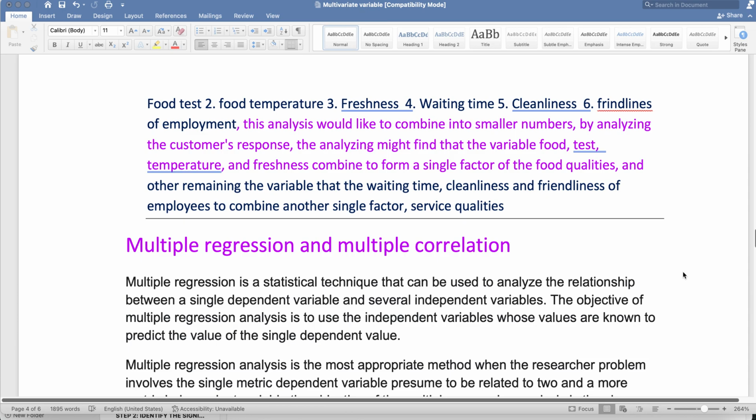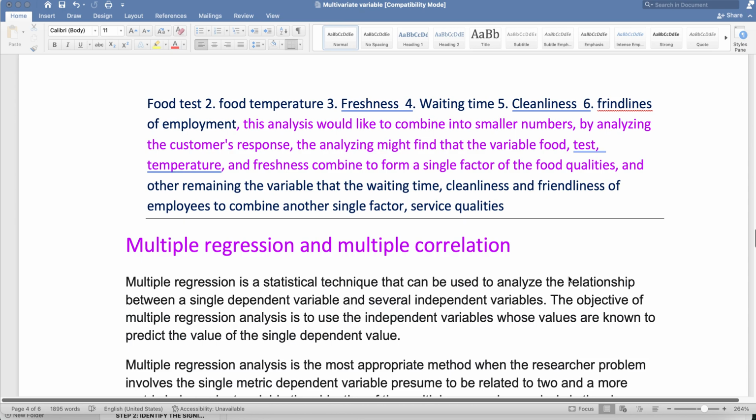Number one, food taste, food temperature, freshness, waiting time, cleanliness, and number six, friendliness of employees. This analysis would combine them into a smaller number by analyzing the customer responses. The analysis might find that the variables food taste, temperature, and freshness combine to form a single factor of food quality, and the remaining variables, waiting time, cleanliness, and friendliness of employees, combine to form another single factor, service quality.